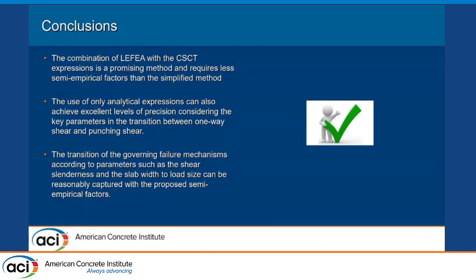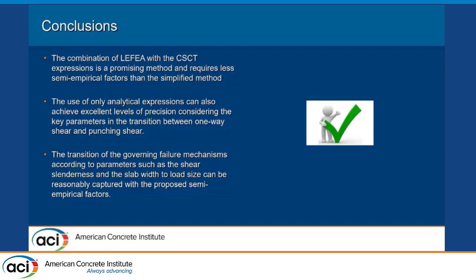So at the end, I concluded that the combination with linear elastic finite element analysis is a promising method, since it requires a lower number of semi-empirical factors in the approach, and because it also provides a better insight about the distribution of shear and bending moments in the regions of interest.